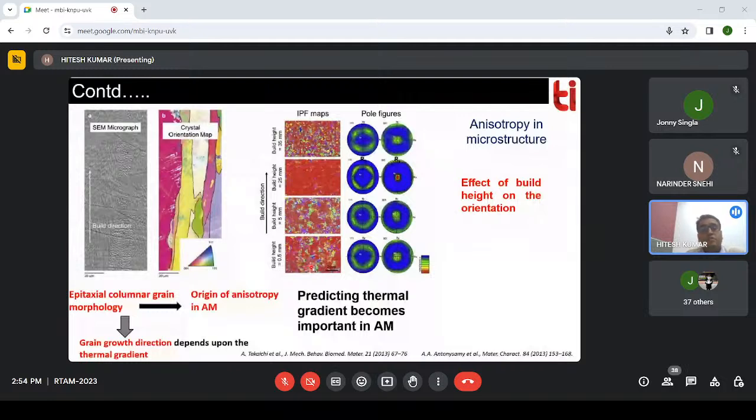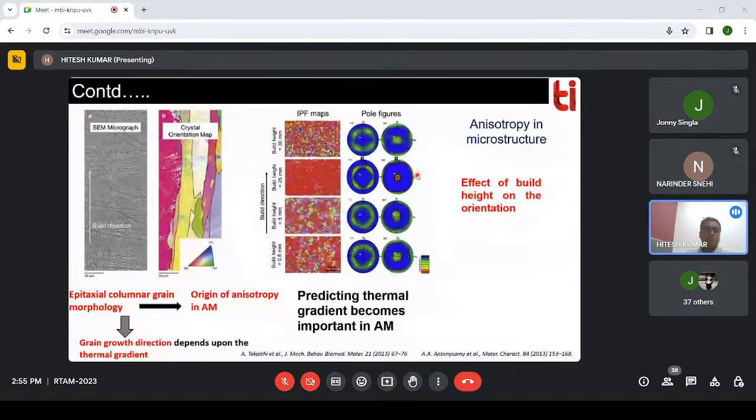This is the pole figure, which is a two-dimensional representation of the three-dimensional texture. You can see the presence of cube texture directly in your material. These are the anisotropies we deal with whenever we perform additive manufacturing.